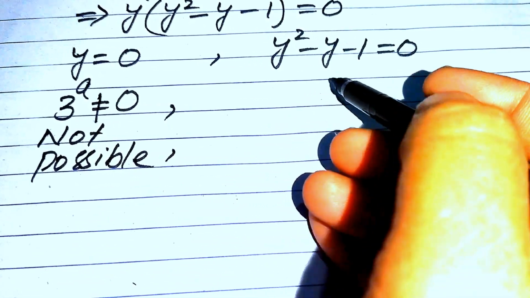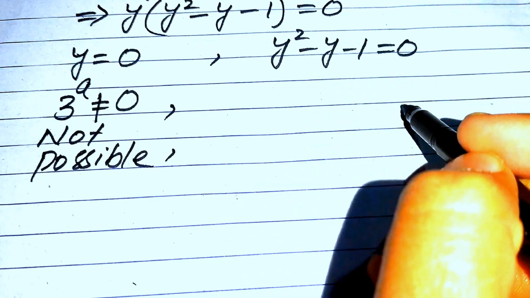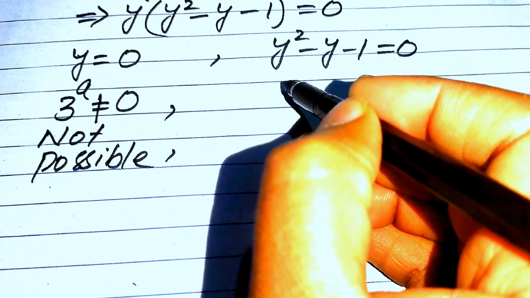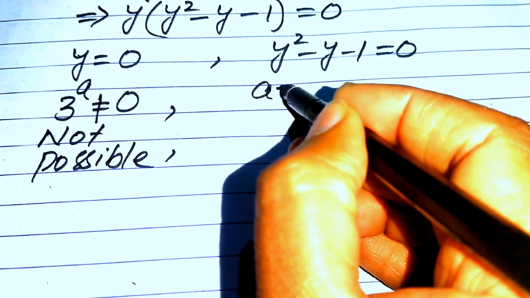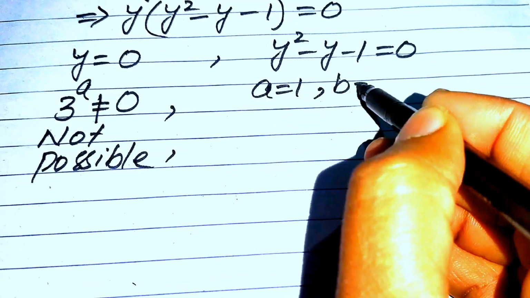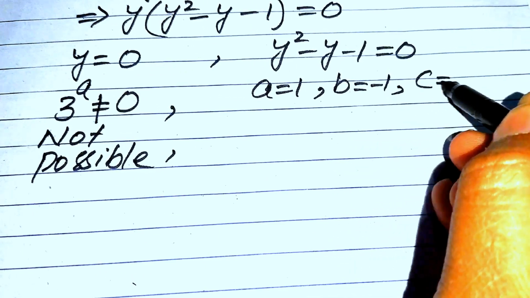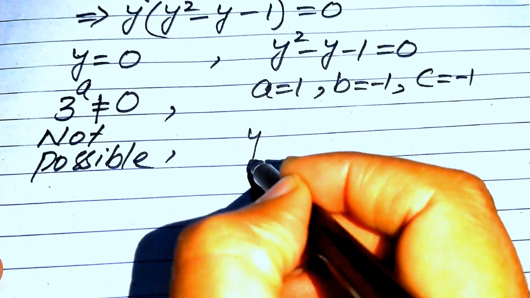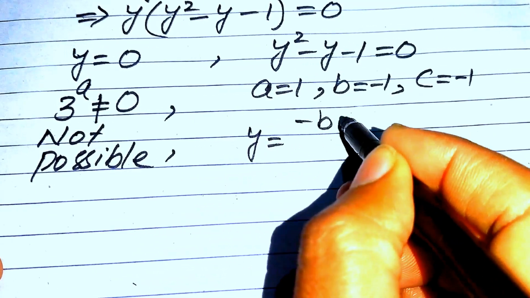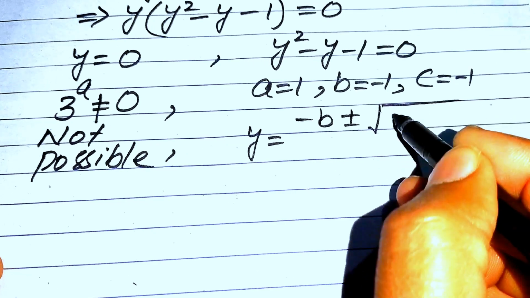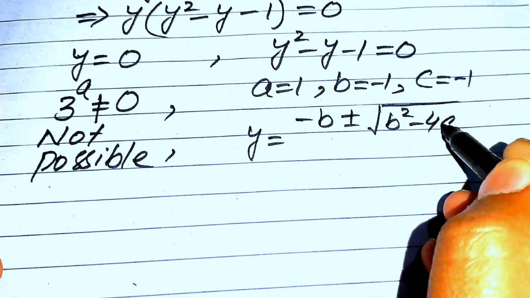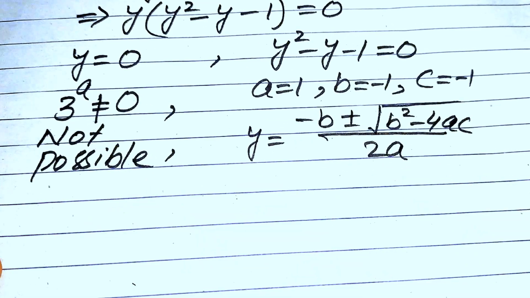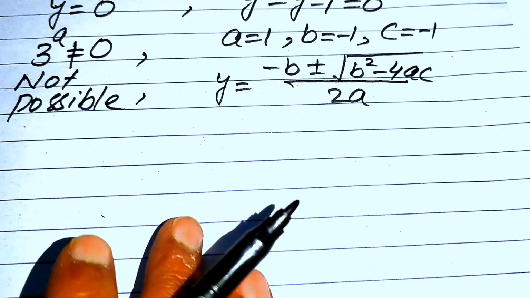In this case, this is a quadratic equation, and we use the quadratic formula to solve it. First we write the coefficients: a equals 1, b equals minus 1, and c equals minus 1. The quadratic formula is y equals minus b plus minus square root of b squared minus 4ac, divided by 2a.